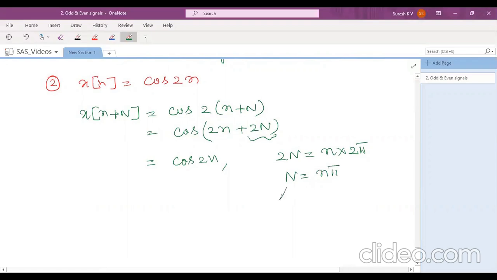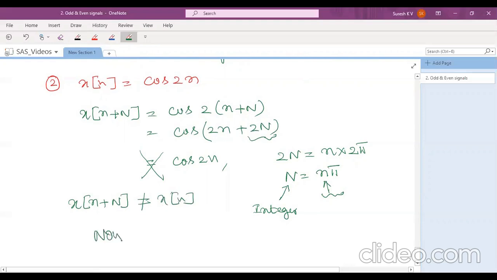And as all of you know, capital N has to be an integer, and for no value of this integer multiple will the number be an integer. So this condition is not satisfied. That means for no value of N, x of n plus N will be equal to x of n. Therefore, this is an example of a non-periodic signal.